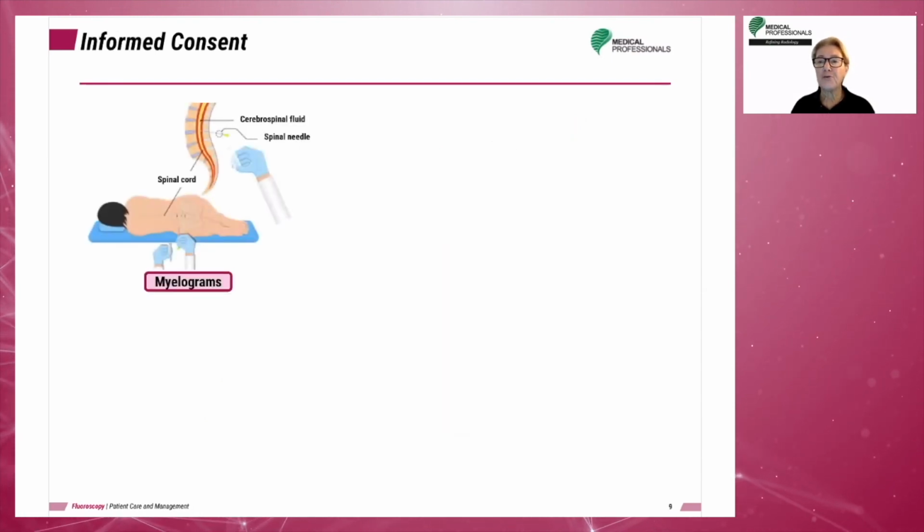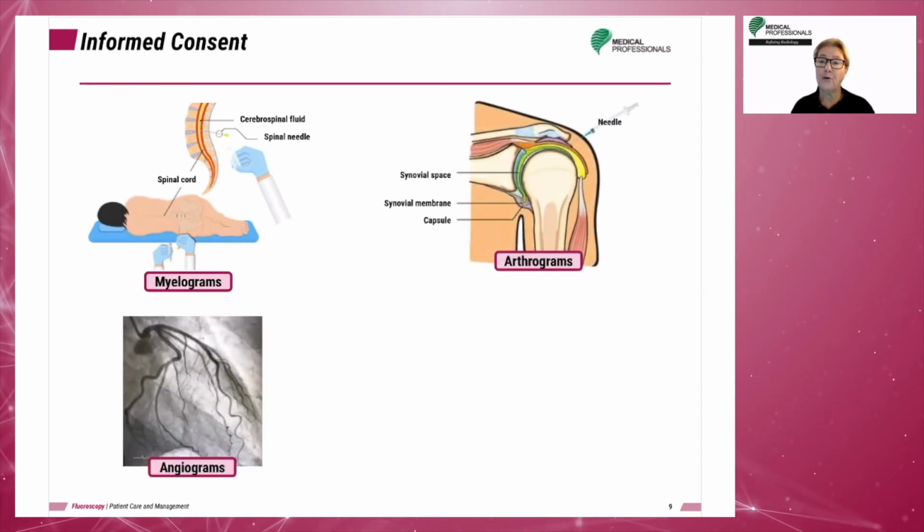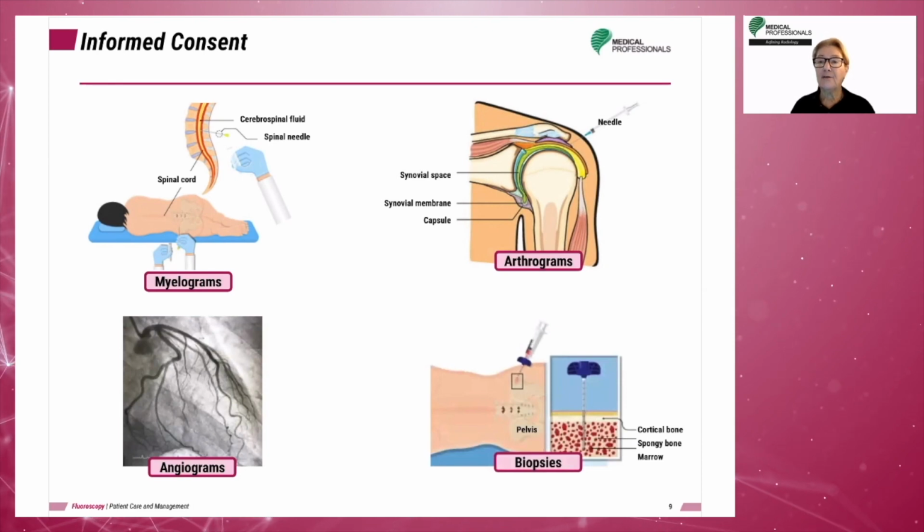There are various procedures done in radiography that involve informed consent. Informed consent is always required when patients are agreeing to a procedure which may carry more risk than other examinations.